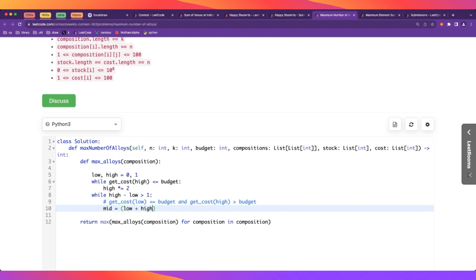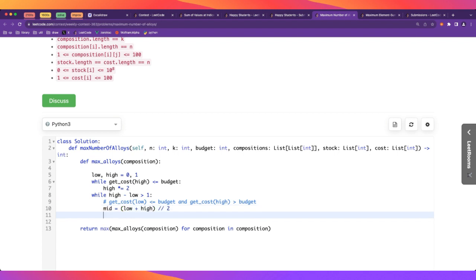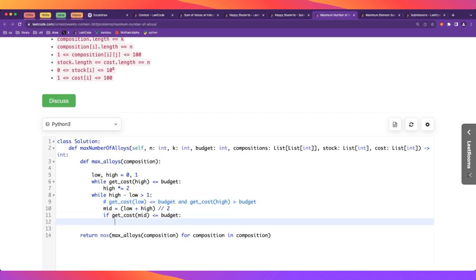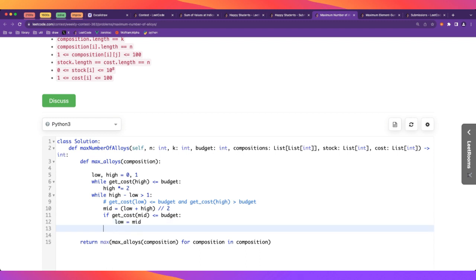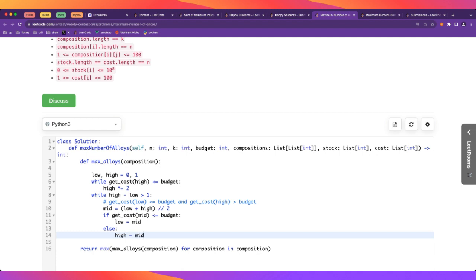We just get the midpoint and we check the condition with the midpoint. If this is true, then low has to be equal to mid, so that we keep our invariant. Otherwise, high has to be equal to mid to maintain our invariant.